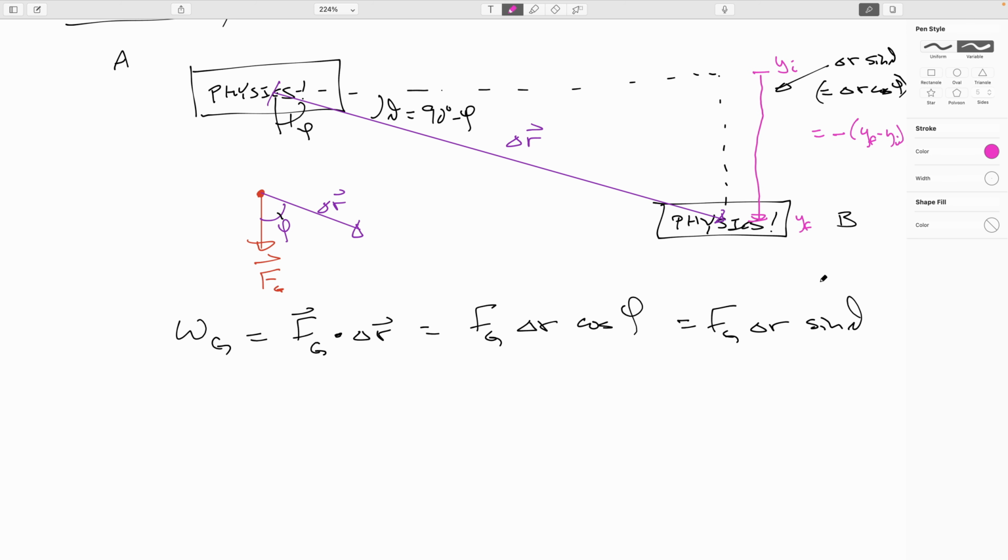All right, so with that, along the purple path, this works out to be the force of gravity times minus y final minus y initial.